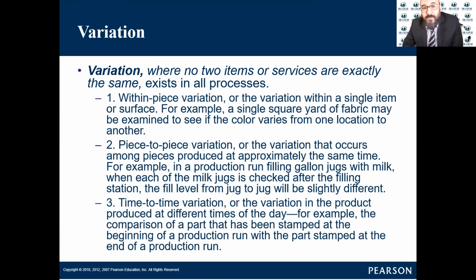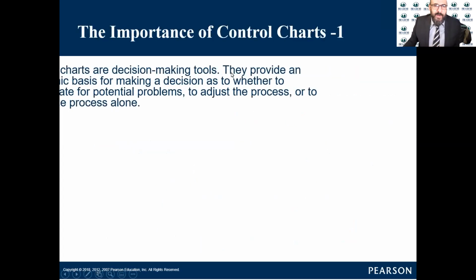So there are three types of variation that we could see: within the piece itself, such as a piece of fabric, inspecting whether there is any variation in the color; piece to piece, such as the jugs of milk, where the level of filling varies from one to another with a slight difference, which would be a normal variation; or time to time variation, for example the production at the beginning of the shift versus the end of the shift, or a morning shift and an evening shift. These are the types of variation.